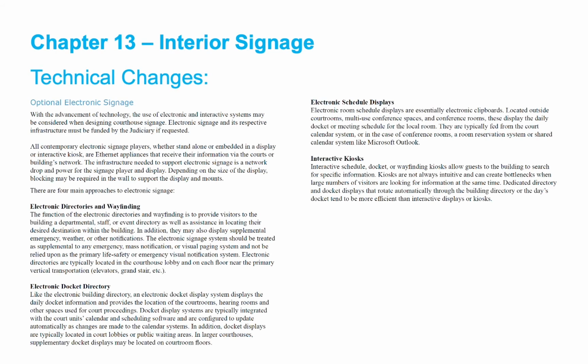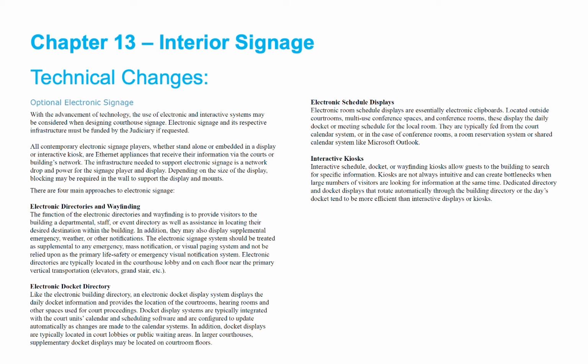Signage is an important element in helping us navigate through spaces and fulfill our mission. Signage is not limited to fixed placards on walls and doors or signs hanging from ceilings. Electronic signage elements are gaining more and more popularity in augmenting the wayfinding experience. The optional electronic signage section was added to the design guide for this reason.